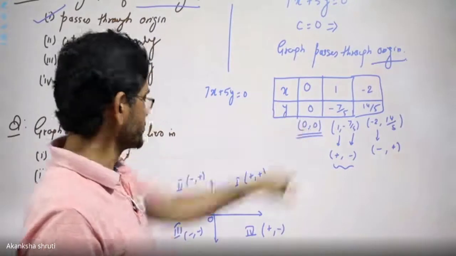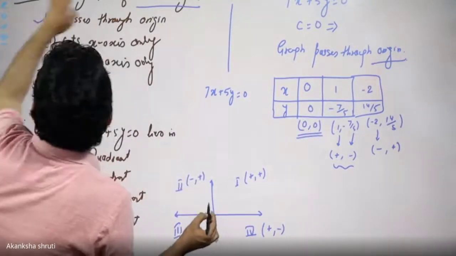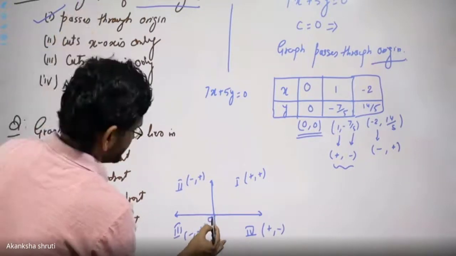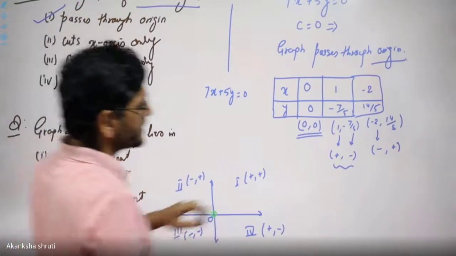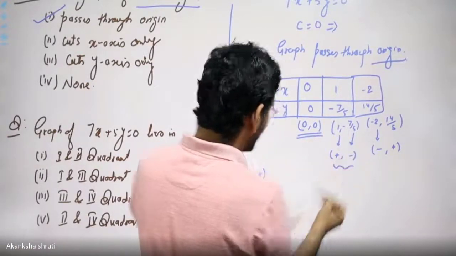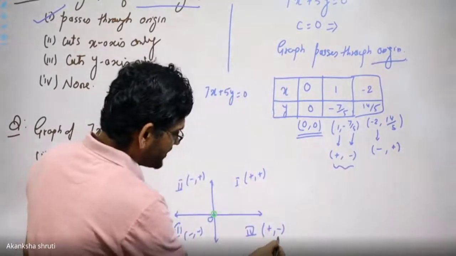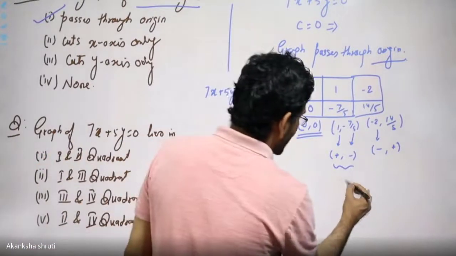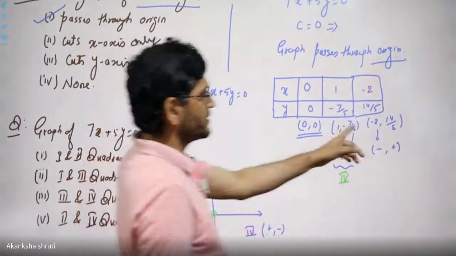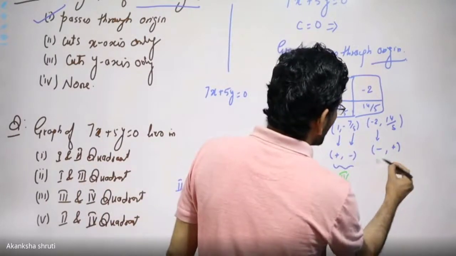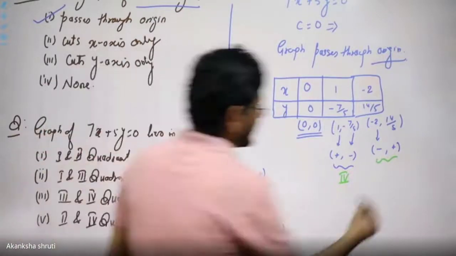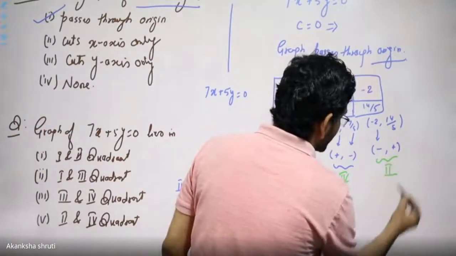See what kind of solutions we are getting. One is (0, 0), which means the graph surely passes through the origin. The other: once x is positive, y is negative, which indicates it lies in the fourth quadrant. Taking x negative, y is positive, so it is in the second quadrant.